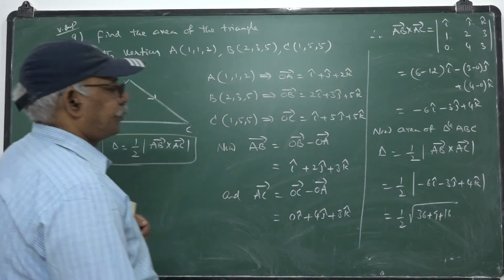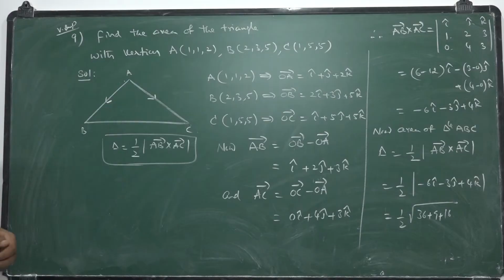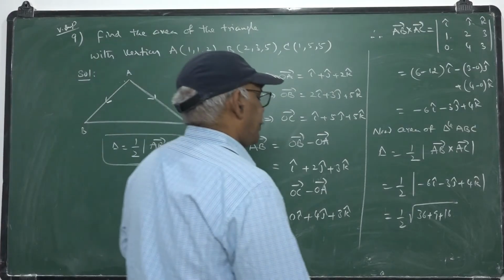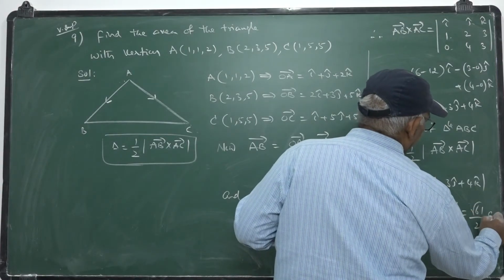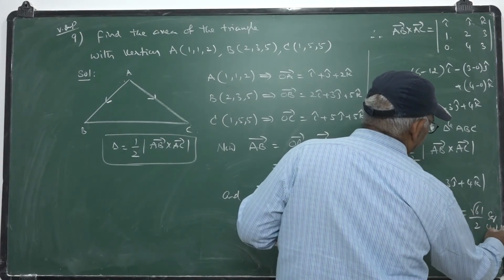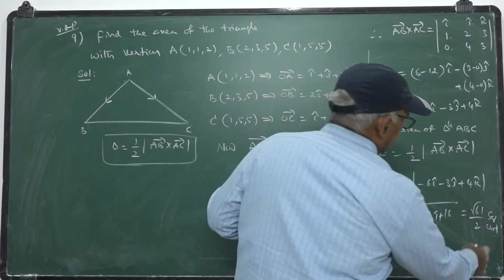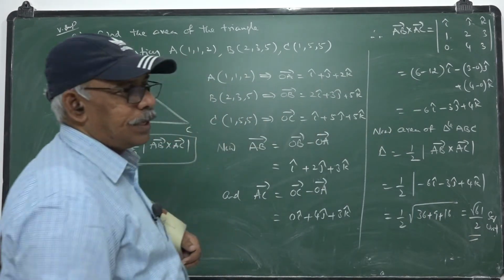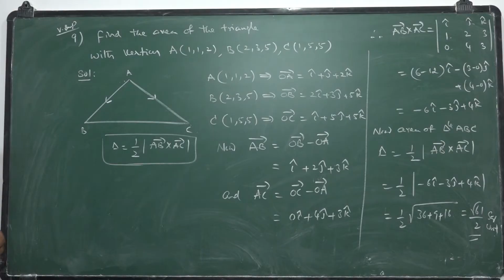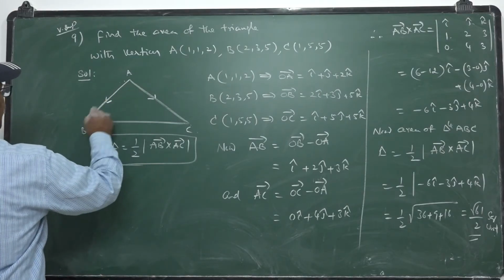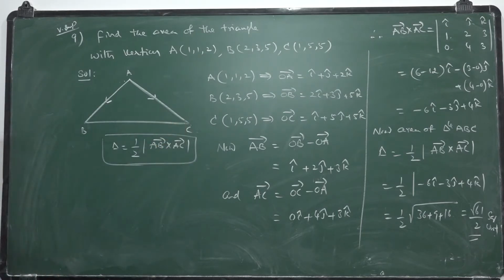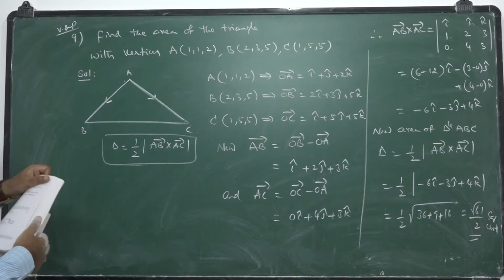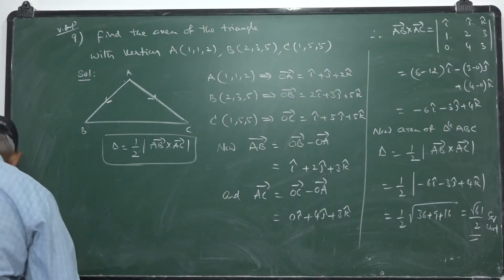Adding, we get 45 plus 16, totally 61. Root 61 by 2 square units, because it is the area. To get the area of the triangle, at first find AB bar and AC bar, and taking the modulus by 2 gives us the area of the triangle.